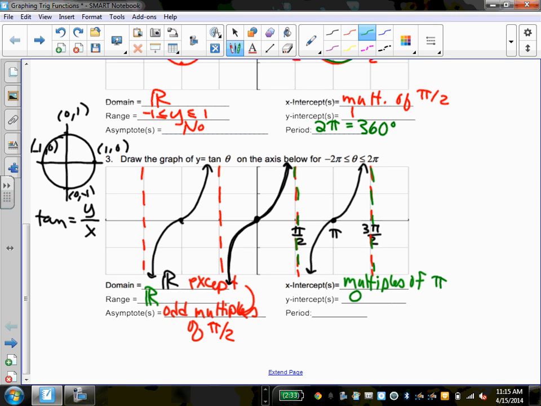The period of the tangent function is different than the sine and cosine. It makes a full repetition in pi radians, or 180 degrees. This is the piece of the curve that continues to repeat. And between negative pi over 2 and pi over 2 is pi radians. So the period of the tangent curve is pi radians.